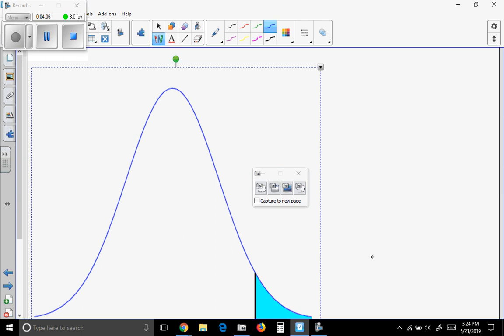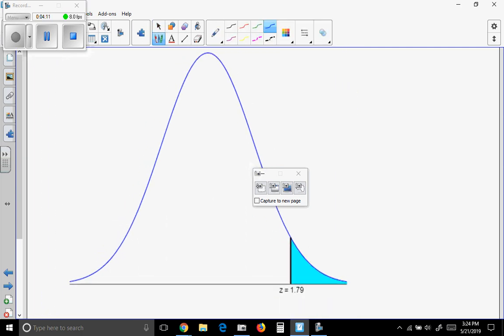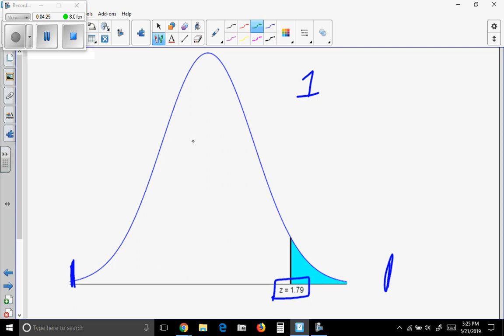So remember what we just got through saying. The area underneath the entire curve is 1. So from here to here, that entire area adds up to 1. If we look up a z-value of 1.79 in the table, it's going to give us this area in here.